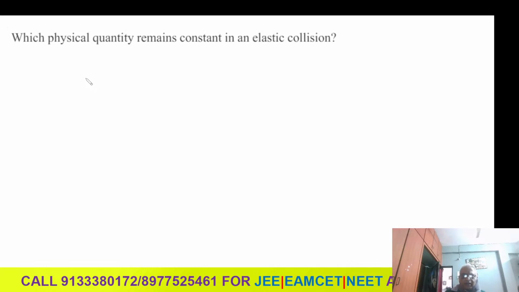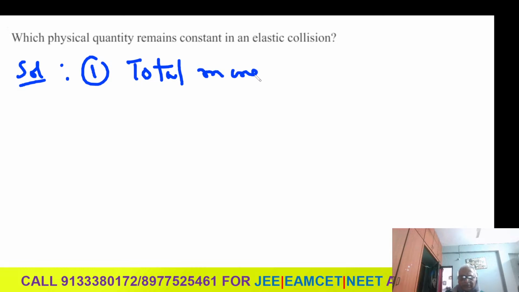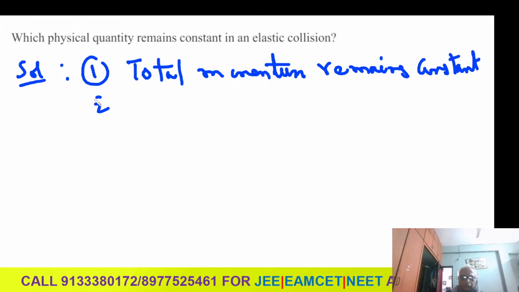Which physical quantity remains constant in elastic collision? Answer: there are two physical quantities. Total momentum remains constant, and total kinetic energy remains constant.